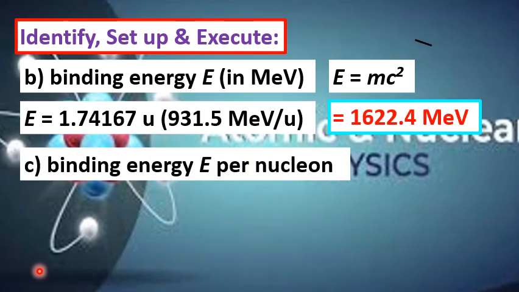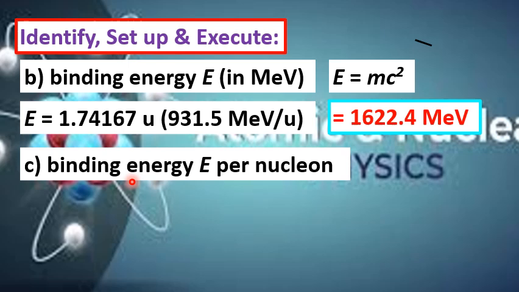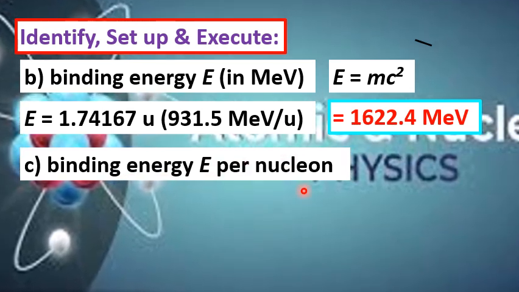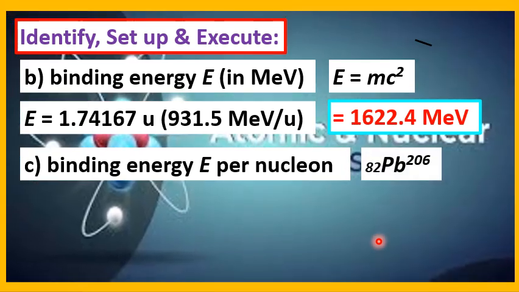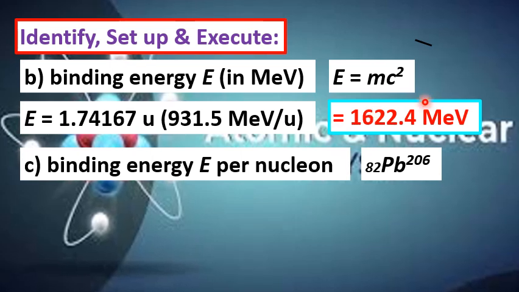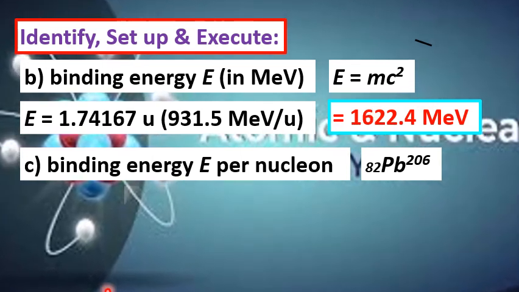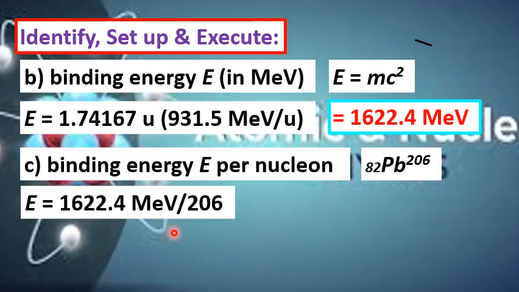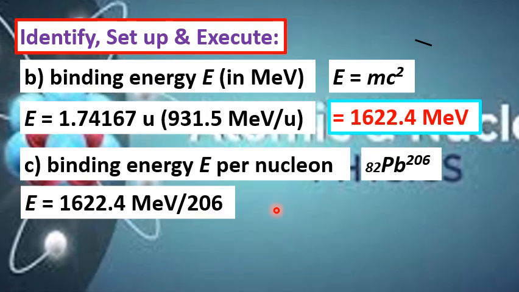So, answering question letter C, which is finding the binding energy per nucleon, we simply divide the total binding energy that we have in letter B by the number of nucleons. Number of nucleons is equal to 206, all right?